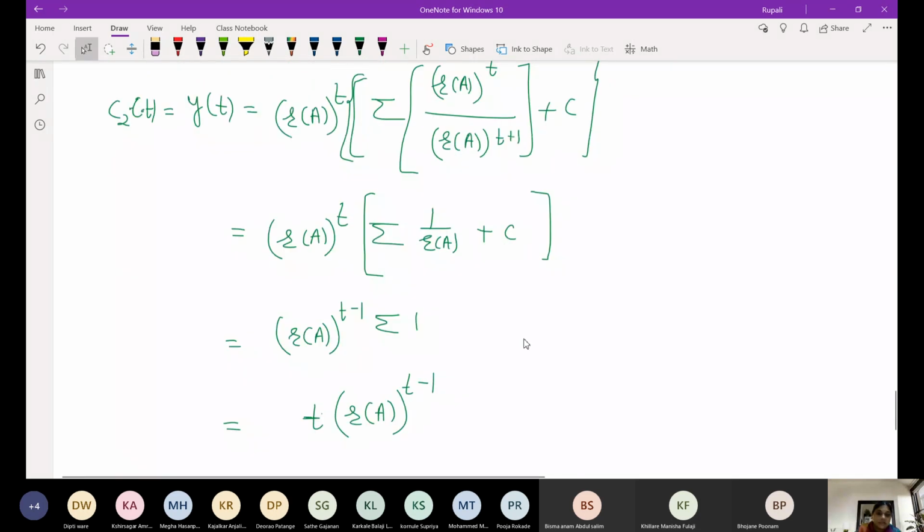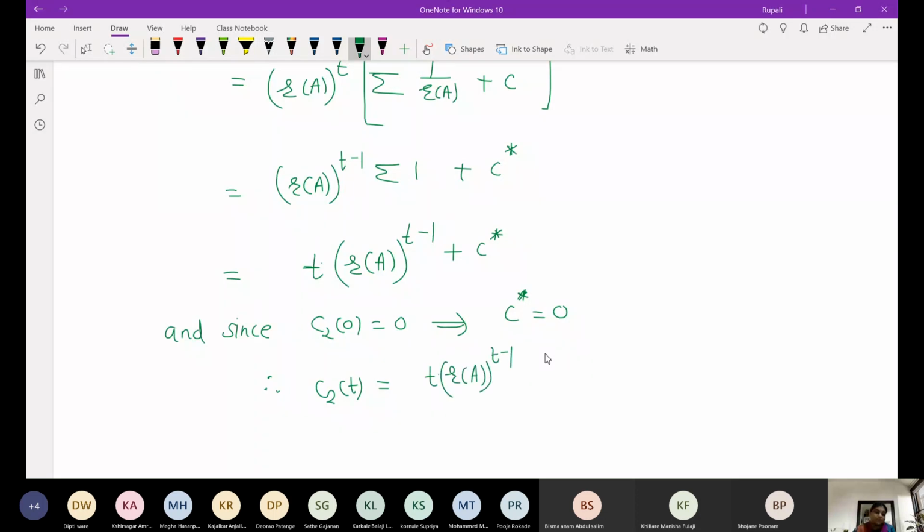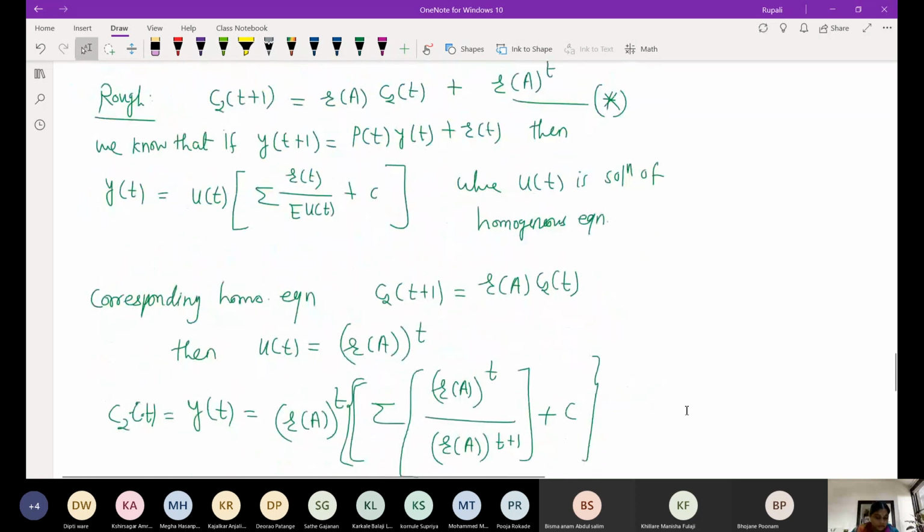If I write some constant C dash here, since C2 at 0 is equal to 0, this implies C dash must be 0. Is that okay? Therefore C2 at t is equal to t times R of A raised to t minus 1. This is just the rough part; you need not write all these things.